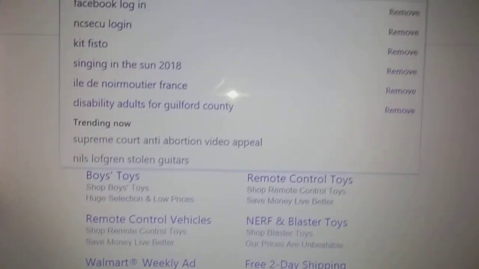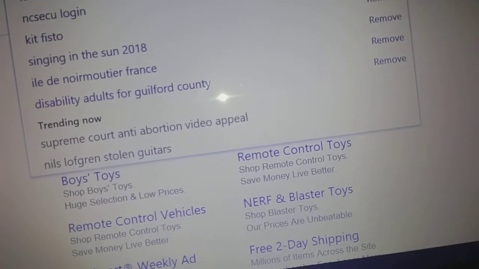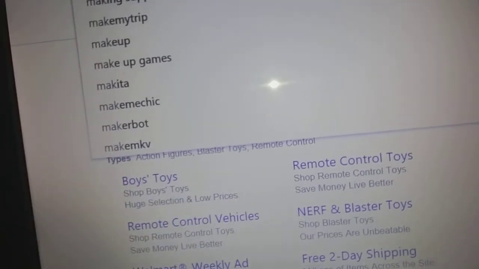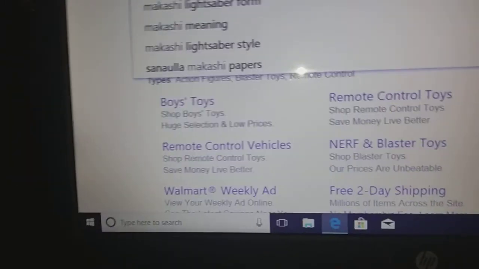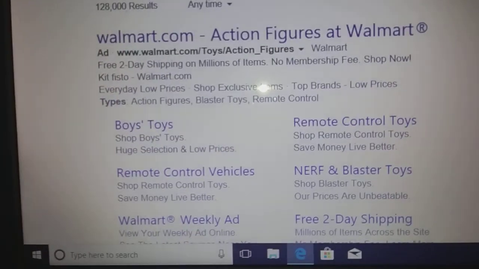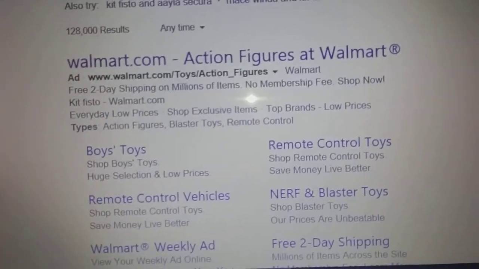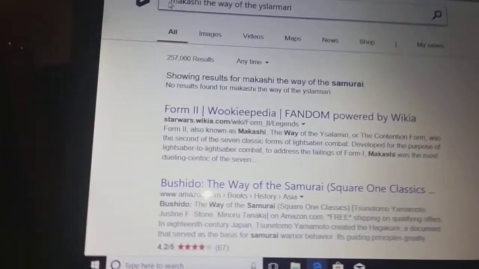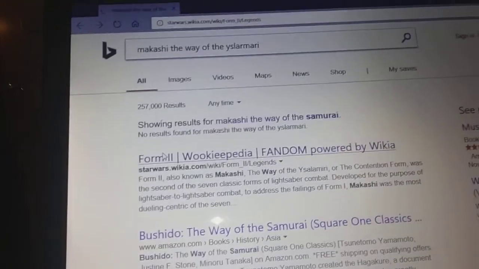Now we move on to number 2, Makashi, or the contention form, also known as the way of the Ysalamiri.